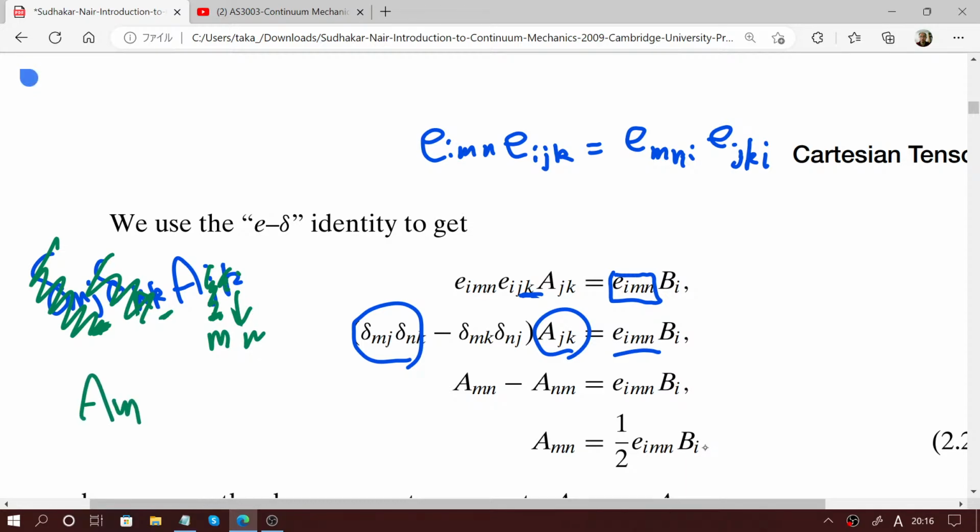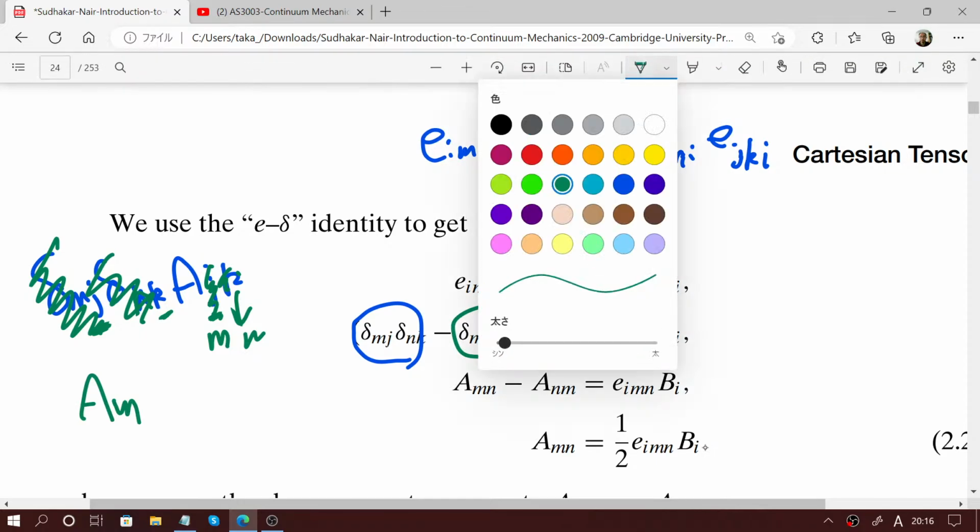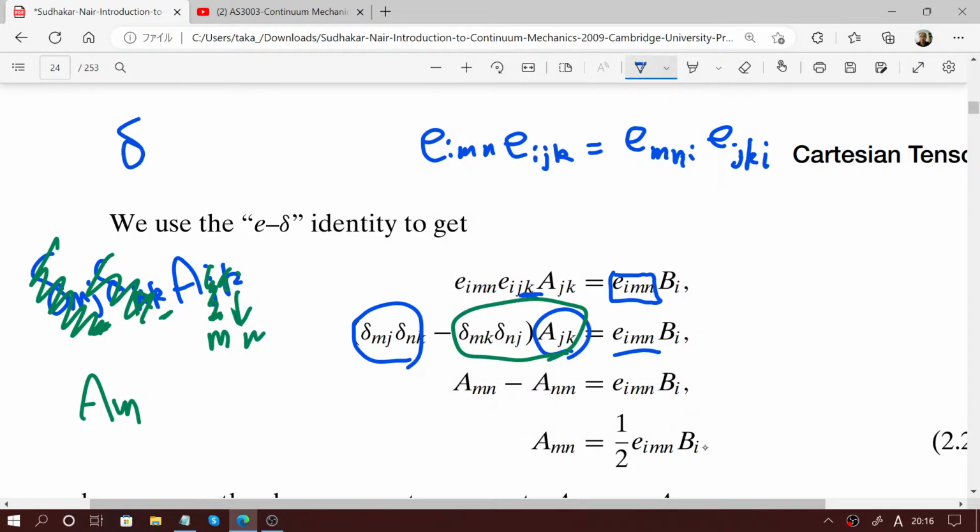Let's see the second term. We have delta MK, delta NJ, then A JK.